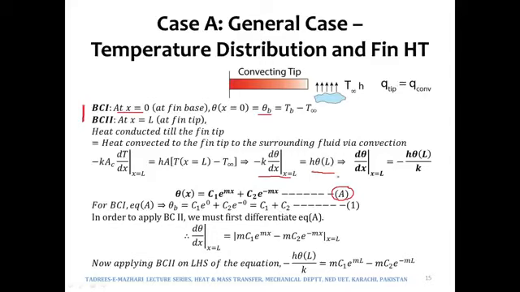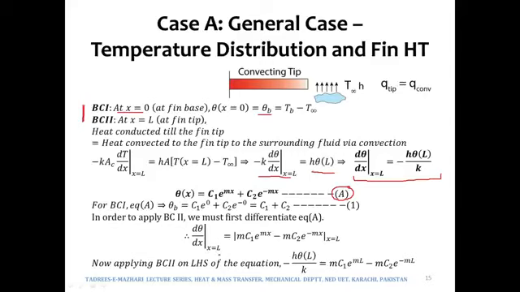Now the second boundary condition, which has been written over here, is on d theta by dx. So what we need to do is differentiate equation A so that we get d theta by dx, and then we would be able to apply the second boundary condition. So if we differentiate equation A, the left hand side would be d theta by dx at x equal to L. Why?